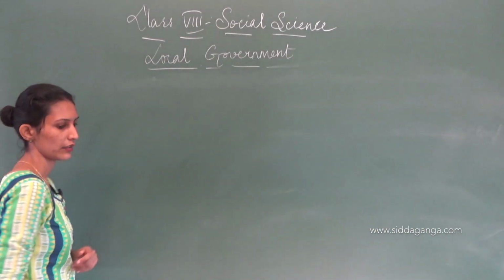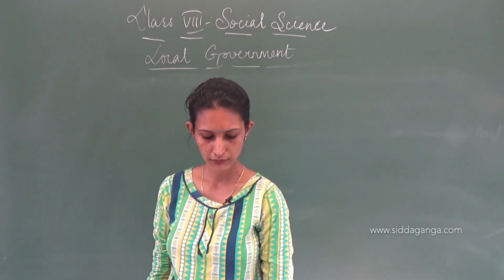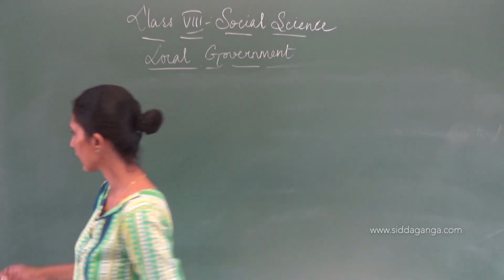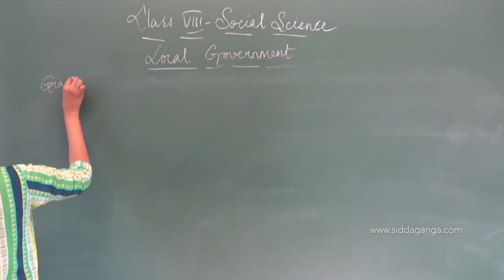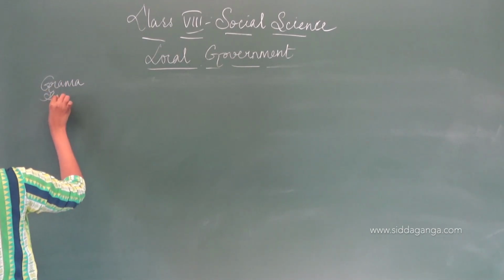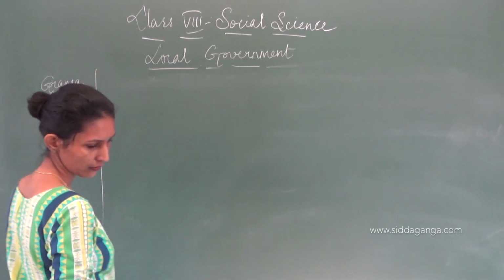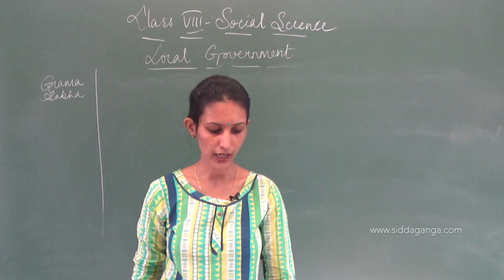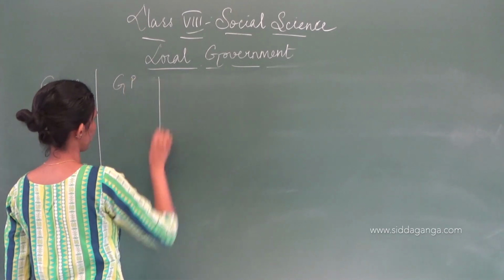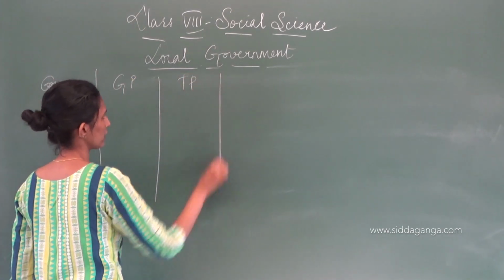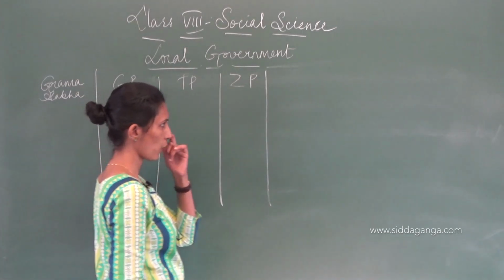Begin from the first one, the Gram Sabha. Then Gram Panchayat, Taluk Panchayat, Zilla Panchayat. You have written 4.